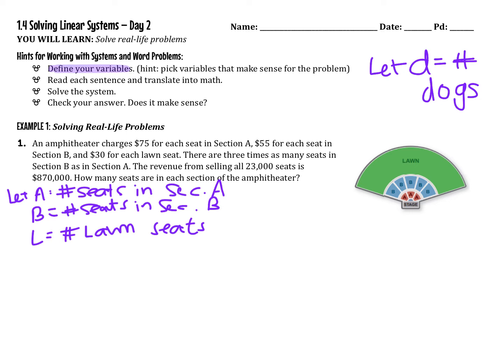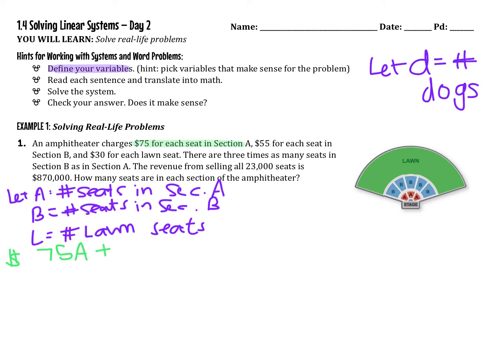The first thing I notice is that I see some dollar signs there. So I'm going to look for an equation that involves all the things about money. And I'm actually going to call that my money equation. You don't have to label it like this, but it helps me see what I'm doing. I'm going to use green for money because that makes sense to me. An amphitheater charges $75 for tickets in section A. So mathematically that means 75A.